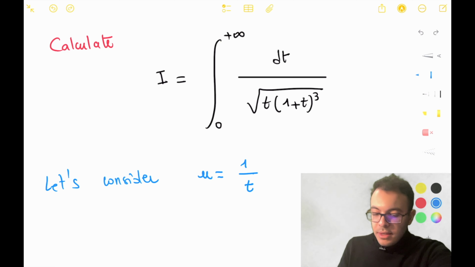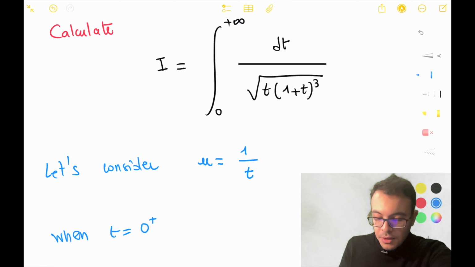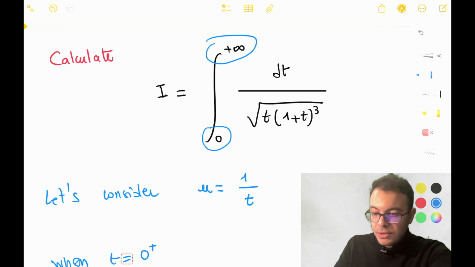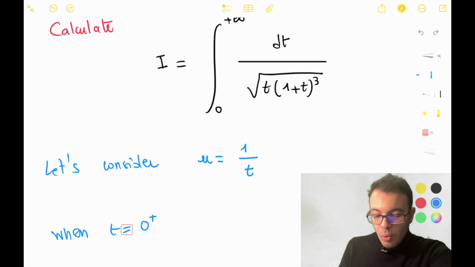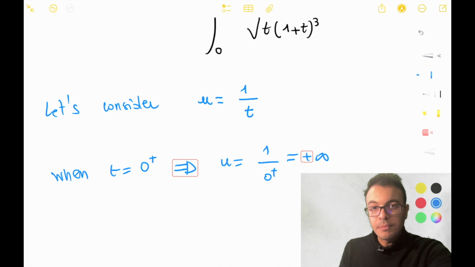So when t equals 0, here it's 0 plus because we are between 0 and plus infinity, so the variable t is positive. When t equals 0 plus, u equals 1 over 0 plus, and 1 over 0 plus is plus infinity.